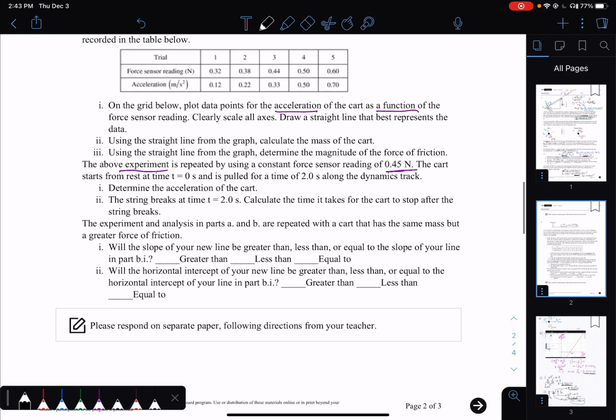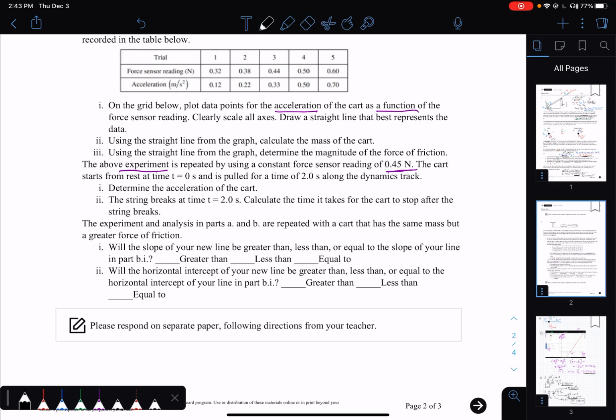Okay, in the next part, the experiments and analysis in parts A and B are repeated with a cart that has the same mass but a greater amount of friction. Will the slope of your new line be greater than, less than, equal to, or the same? Justify your answer.